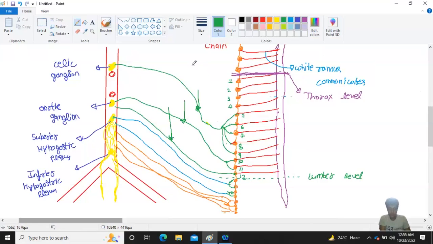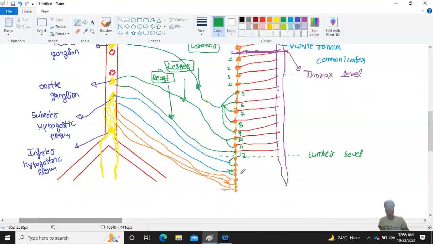This is greater. This is lesser. And this is least splanchnic nerve. All these are splanchnic. These all are splanchnic nerves. So we only write names. All are thoracic nerves. Then here, these are lumbar and these are sacral.